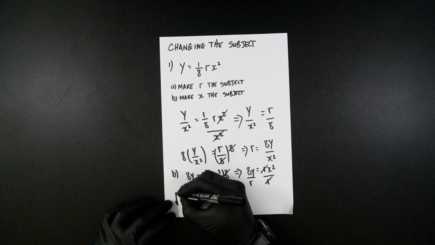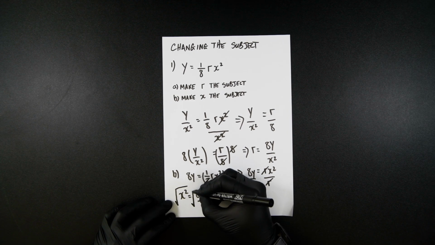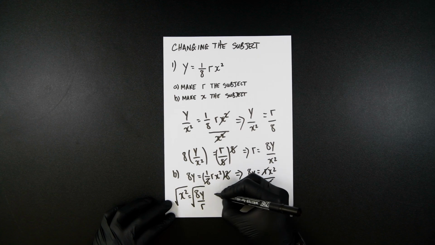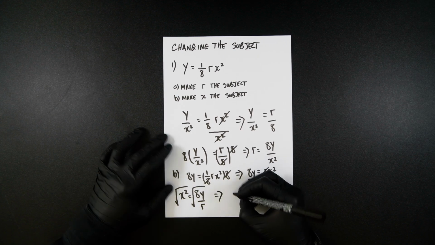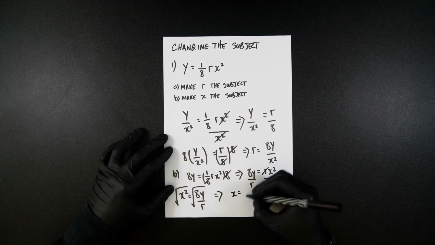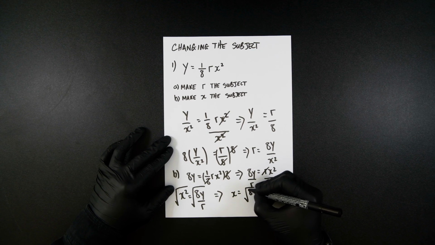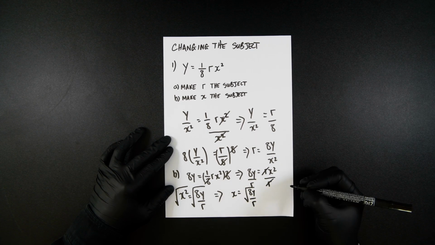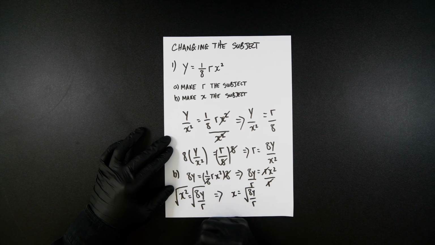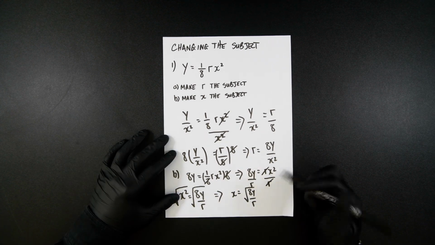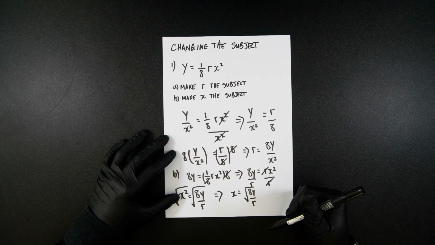So if we do a square root here and a square root here, this would then become x, which equals the square root of 8y over r, because a square root of a squared number cancels each other out. So we've now successfully made x the subject.